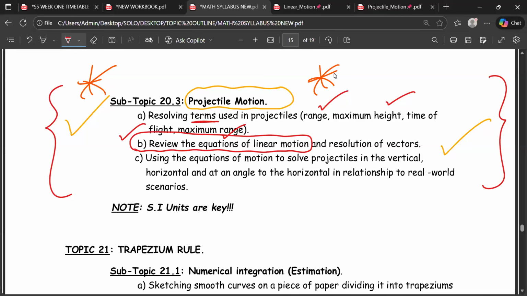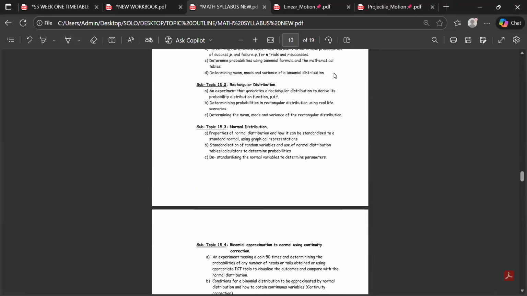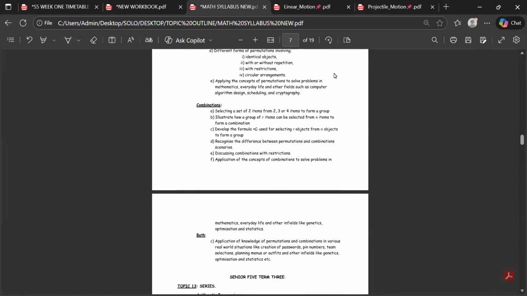Remember in dynamics 1, you never looked at motion. We have somewhere Newton's laws of motion and friction. But literally, Newton's laws may not take on all the equations of linear motion. Even when I try to take you back a bit, you're supposed to understand the syllabus. Don't just cover things anyhow.